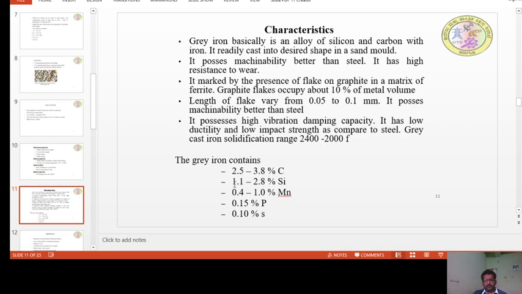You can observe that the silicon proportion is very high compared to the other types of cast iron, and hence it is said that gray cast iron is basically an alloy of silicon and carbon. Then 0.0 to 1% of manganese, 0.1% of phosphorus, and 0.1% of sulfur. This is the general composition of the gray cast iron.